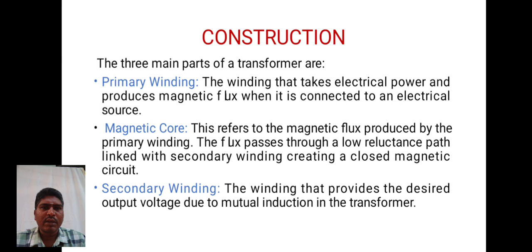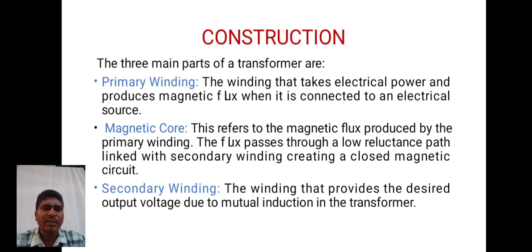In any transformer, it consists of three main parts. The first one is the primary winding, the second one is the magnetic core, and the third one is the secondary winding. The primary winding takes electrical power and produces magnetic flux when it is connected to an electrical source.